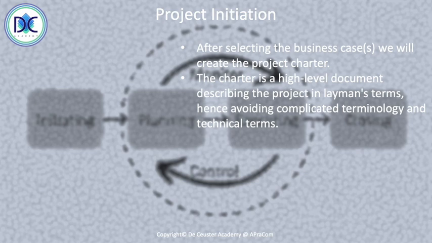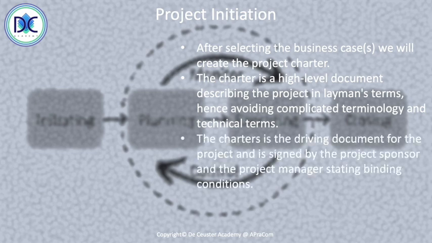So the charter is a little bit like that, 5 to 10 pages depending on the format. We will look at some possible formats of a charter later in this course. The charter is the driving document for the project, and it's signed by the project sponsor and the project manager. This means that we have a binding agreement between the sponsor and the project manager.